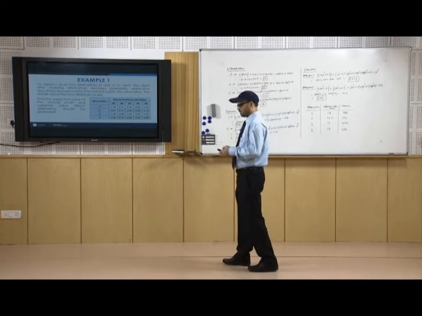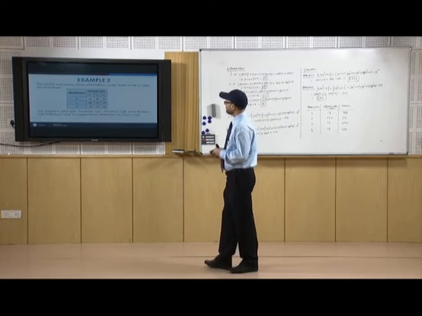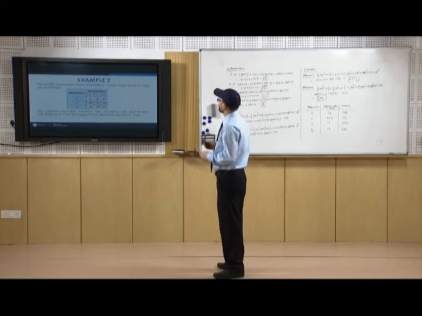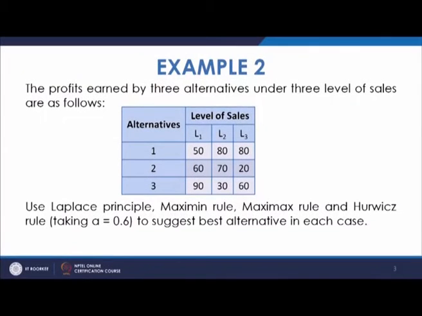Next problem we will discuss is about the different criteria in the case of uncertainty, where the profit earned by 3 alternatives under 3 levels of sales are given.